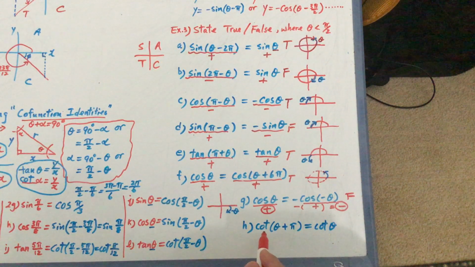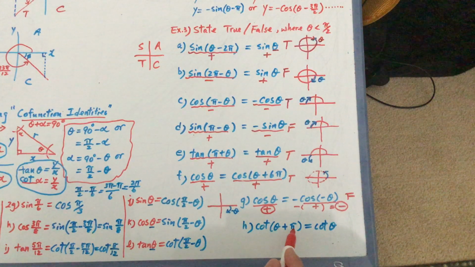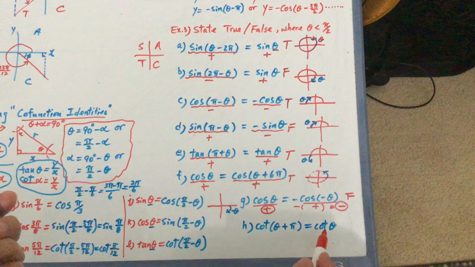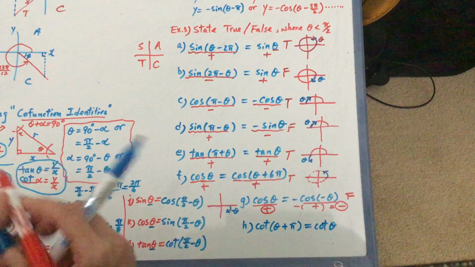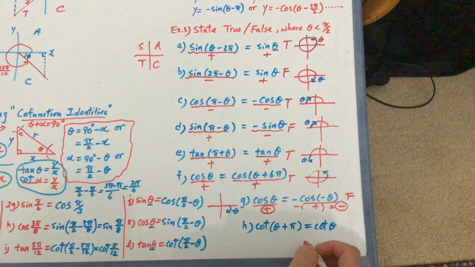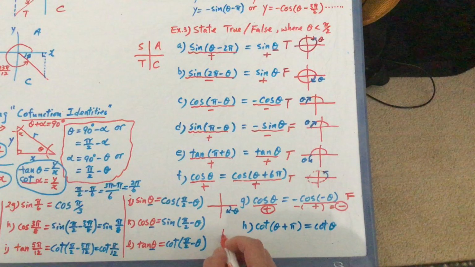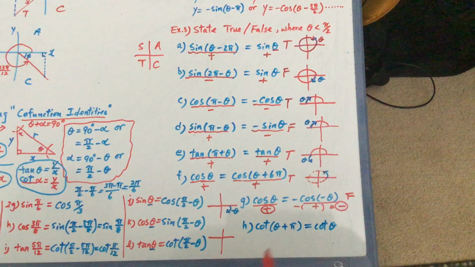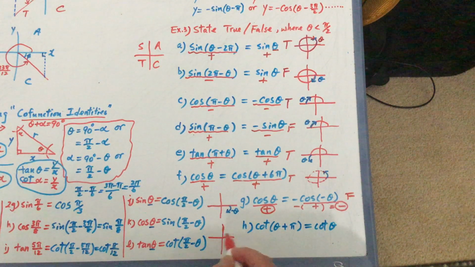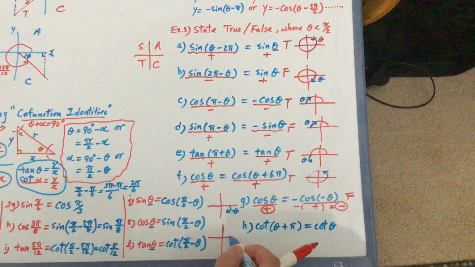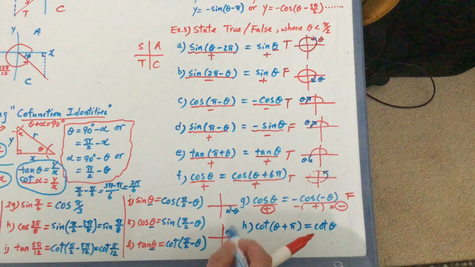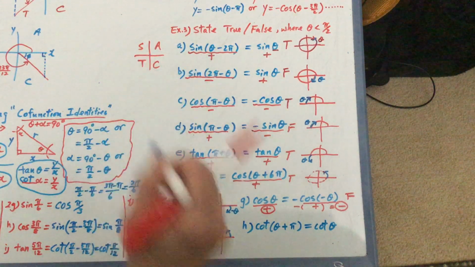And finally, cotangent of theta plus pi, and cotangent of theta. When you look at cotangent, this is the reciprocal of tangent, right? So if you look at the diagram here, cotangent theta, when theta is going up in this direction, positive, tangent and cotangent will share the same sign. It doesn't change.